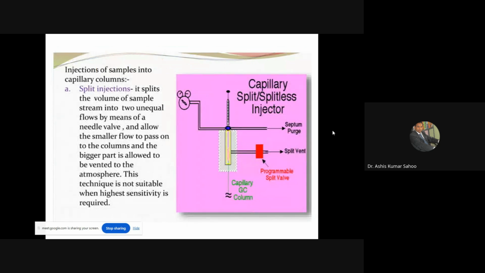In split injection, when we inject into a capillary column, there is a split vent. This is the capillary split injector. It splits the volume of the sample stream into two unequal flows by means of a needle valve, allowing the smaller flow to pass on to the column.